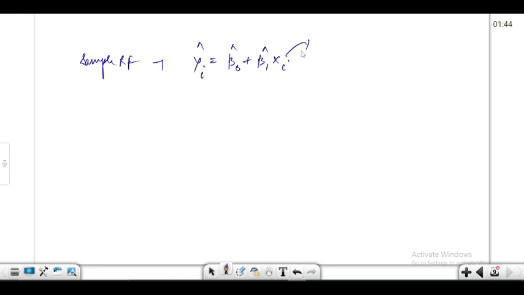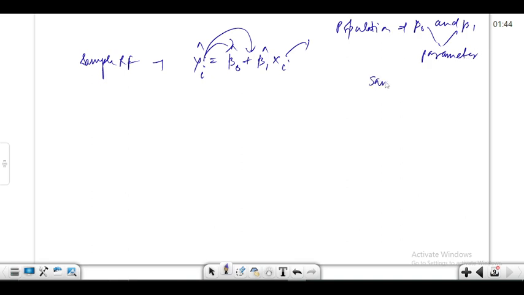Your values of yi are different here for the sample, depending on the kind of sample we have taken, and corresponding to these y values you have different values of your sample statistic. In the case of the population, your beta naught and beta 1 are called parameters. In the case of a sample, they are called statistics.